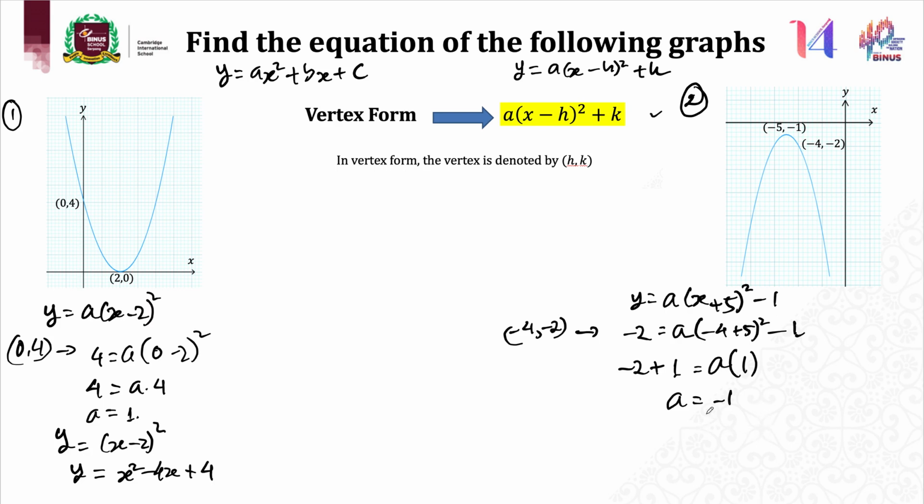Correct? Okay, if a equals negative 1, then the vertex form will be negative x plus 5 bracket squared minus 1, and the standard form will be y equals, in the bracket, x squared plus 10x plus 25, minus 1.